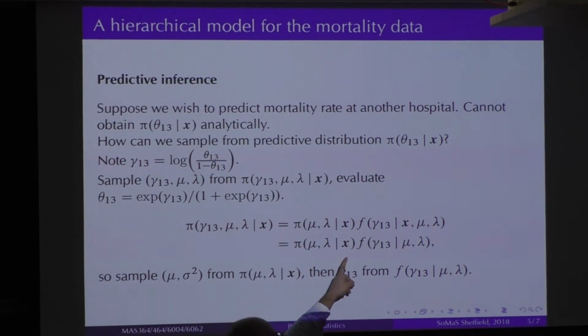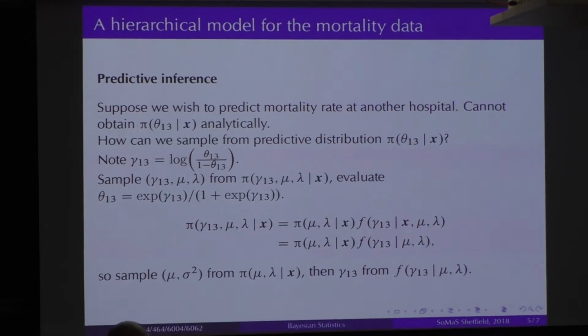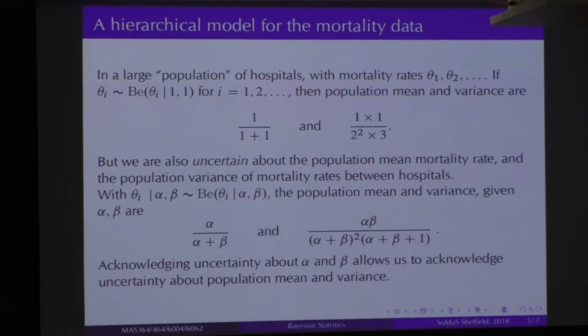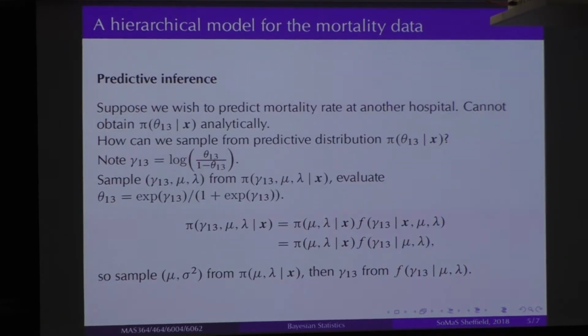And what this means is that we plug those draws into the density of gamma 13 given mu and lambda that we are assuming, which is Gaussian with that mean and that precision. And that will give us a sample from the predictive distribution. Okay? Very, very simple to do.